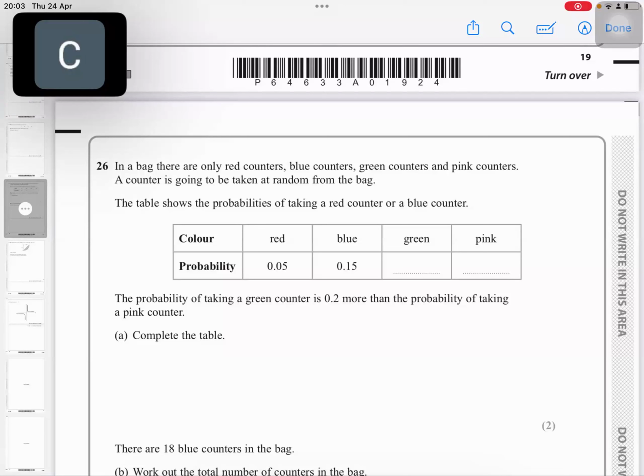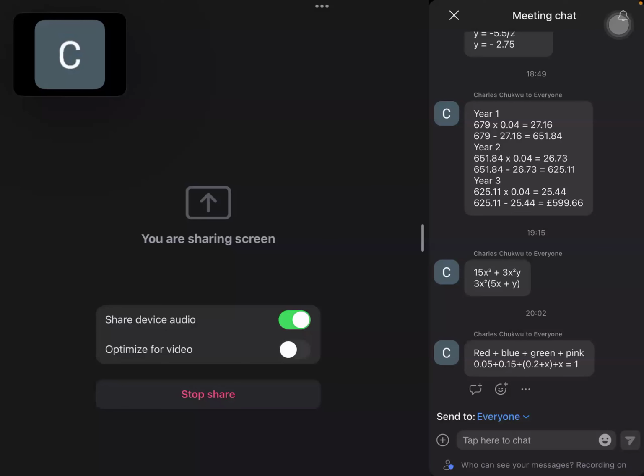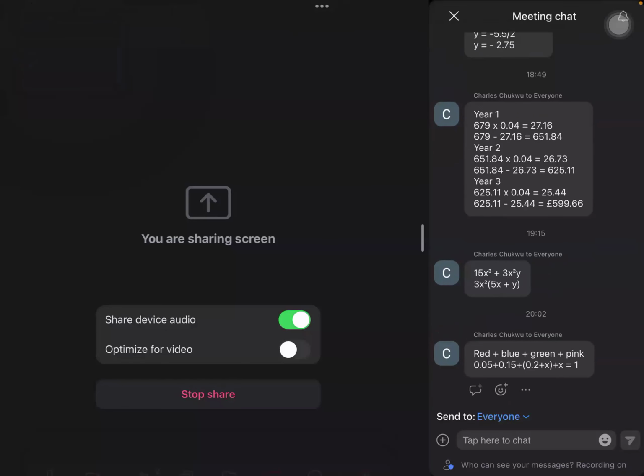Take a look at what I sent to you in the chat box. I'm going to solve it now. So 0.05 plus 0.15 will give me 0.20, plus 0.2 plus 2x. All this equals 1.